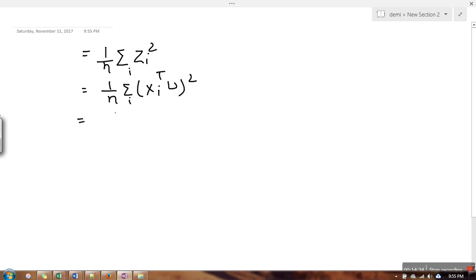So the quantity we got was 1 upon n, summation of zi square. Then we put in our value, and the square in matrix form can be written as xi transpose u, transpose, and then this one is the simple term.